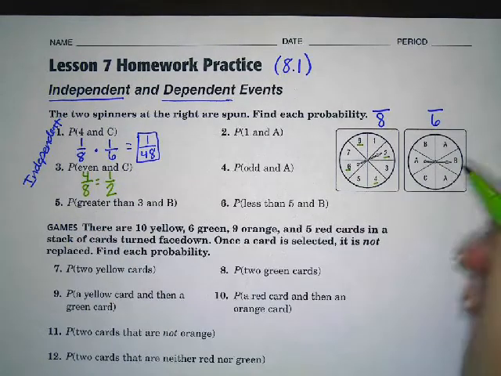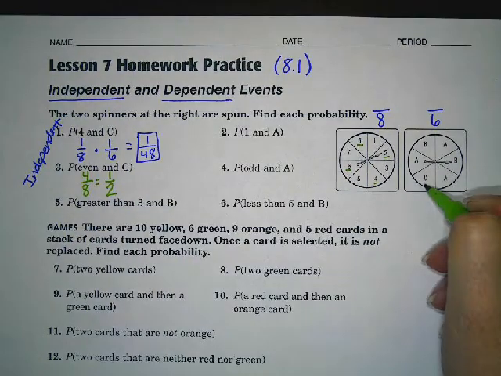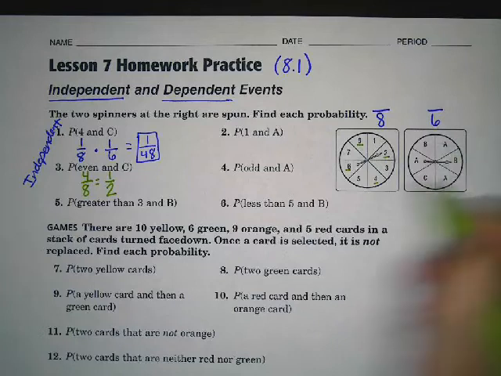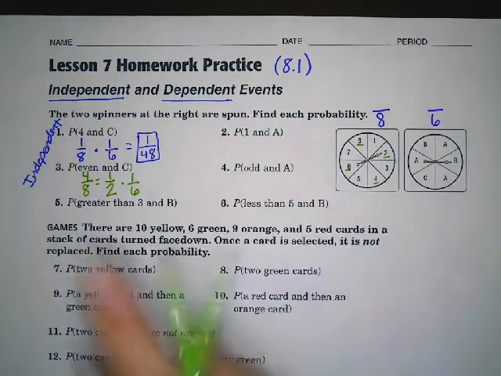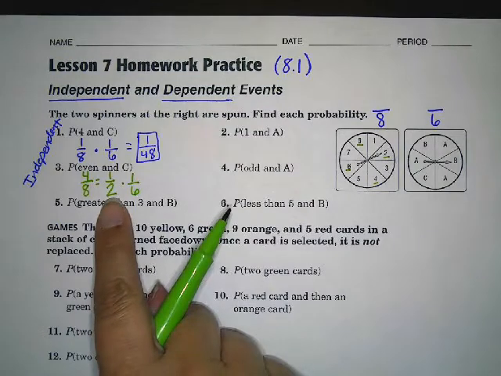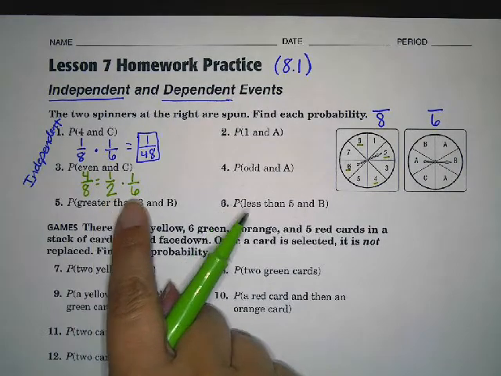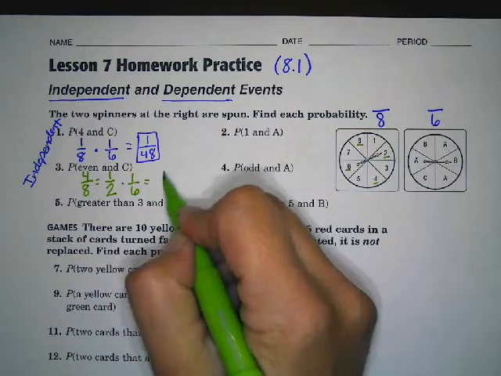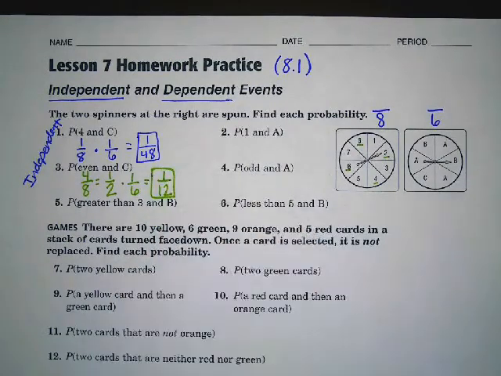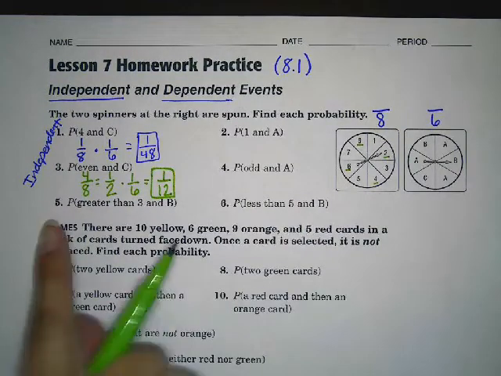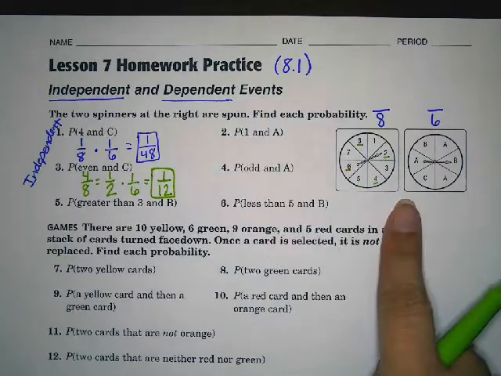And then the probability of spinning a C is still 1 out of 6. So we're going to multiply across. Now multiply your simplified fraction. So 1/2 times 1/6 is going to give us 1/12. And that's going to be your answer. Okay, so the rest of those in the first section are going to be done the same with those two spinners.